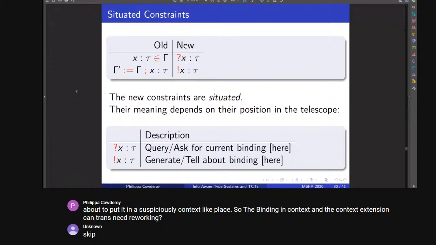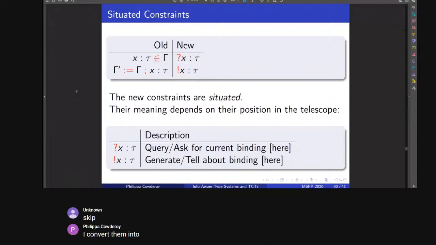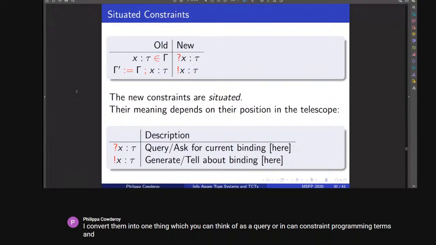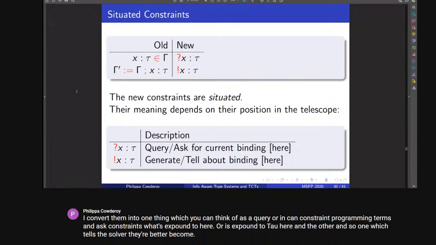I convert them into one thing which you can think of as a query, or in concurrent constraint programming terms, an ask constraint. What's x bound to here? Or is x bound to tau here? And the other into one which tells the solver they'd better become a binding of x to tau right here.